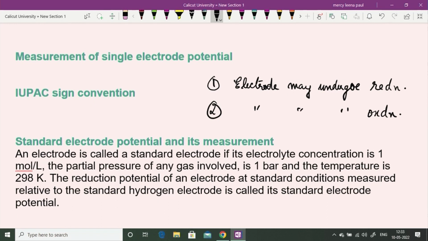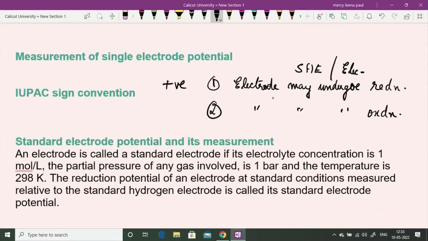Now, if the electrode connected with the standard hydrogen electrode undergoes reduction, I will have to put SHE on the left hand side, because SHE will be the anode which undergoes oxidation, and our electrode which undergoes reduction is kept on the right hand side. If it is so, the electrode potential is given a positive sign.